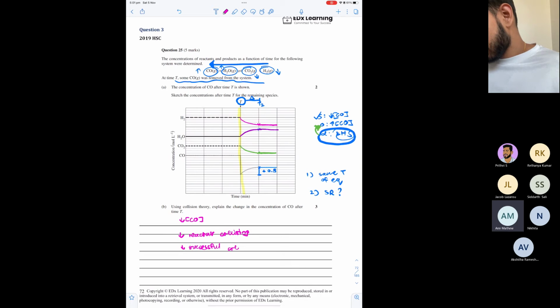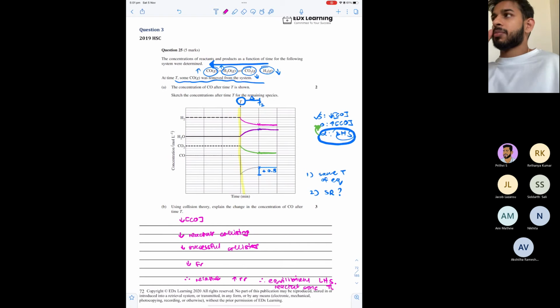Good. Leading to the reverse reaction being greater than the forward reaction. Very good. So then the reverse reaction will be favored, which will then lead to the concentration of CO and H2O gradually increasing to reestablish equilibrium. Very good. So reactant concentrations will increase.